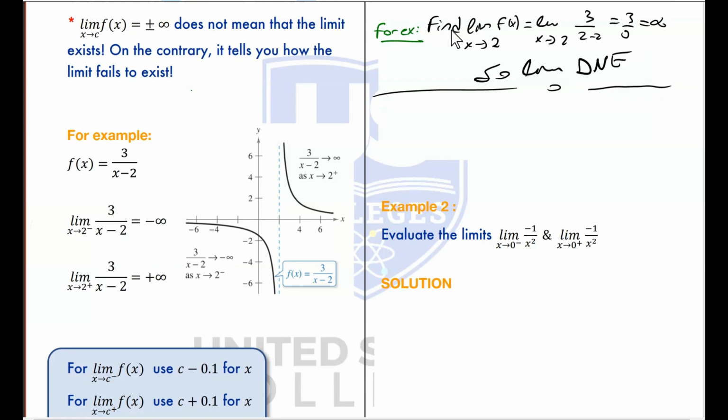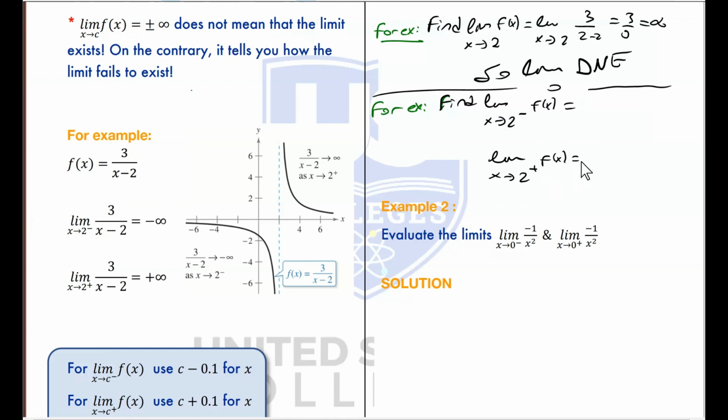This is the case if the question is asking about a limit at a fixed number and you have a number over 0 condition. But if the question asks for a one-sided limit, let's say the question asks you to find the limit as x approaches 2 from the left of f of x, and the limit as x approaches 2 from the right of f of x.